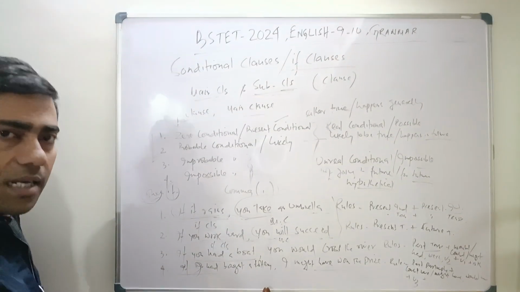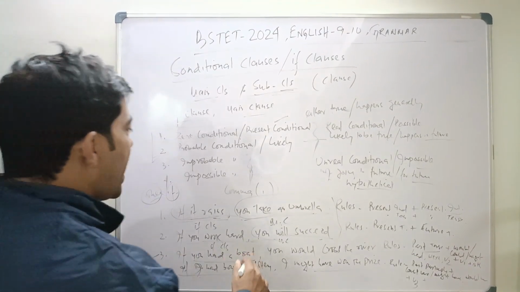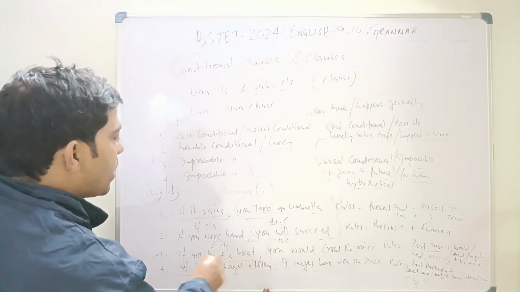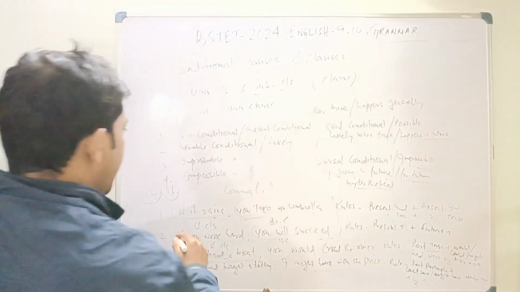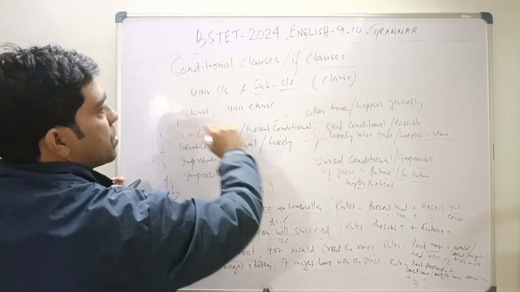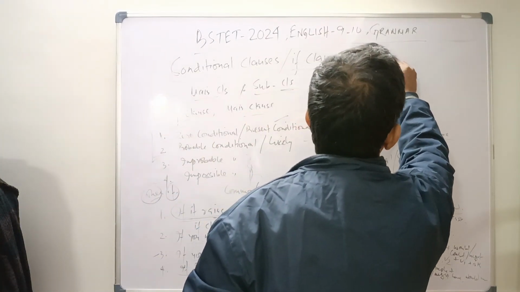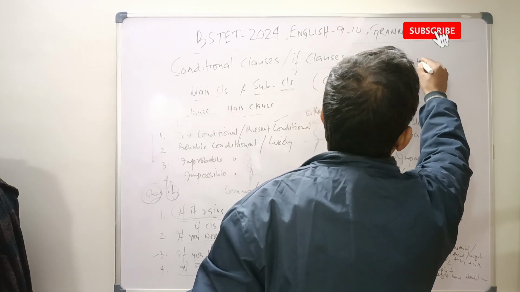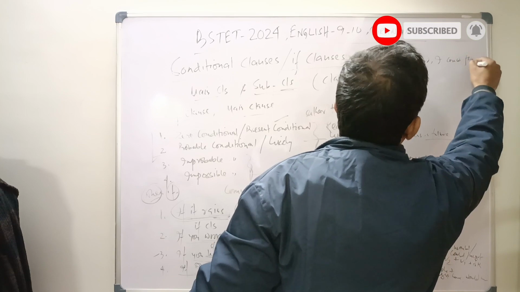But in the third conditional clauses, there is were. In the place of had, you can use were. If I were a bird, I could fly.